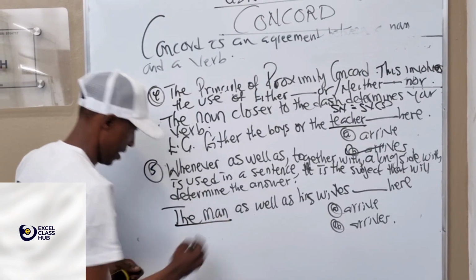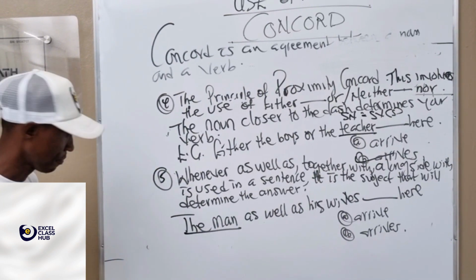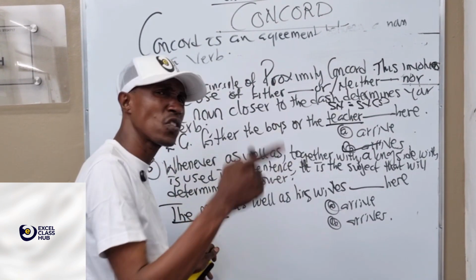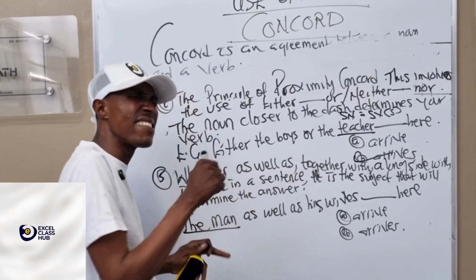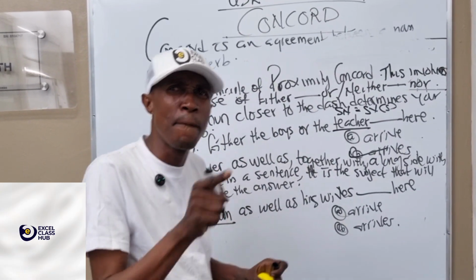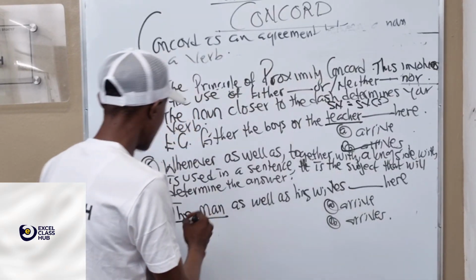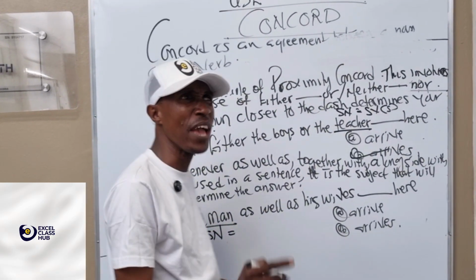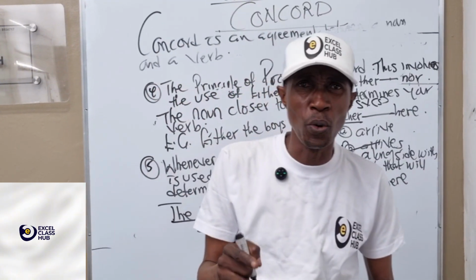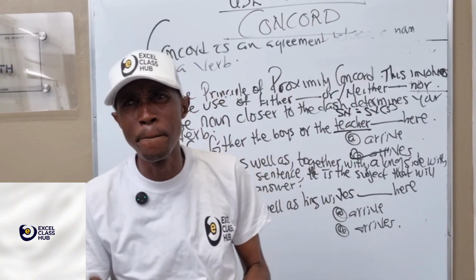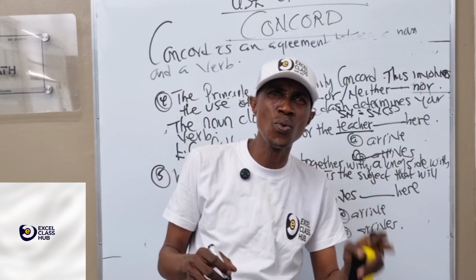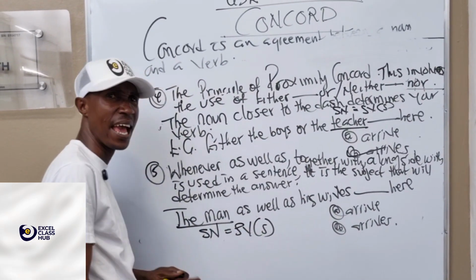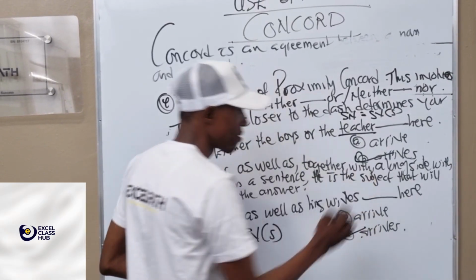The subject here is the noun. So if the noun is the subject, is it a singular noun or a plural noun? The noun here is a singular noun, and we have been told in the principle that a singular noun must go with a singular verb, and your singular verb must carry what? S, and the answer becomes what?